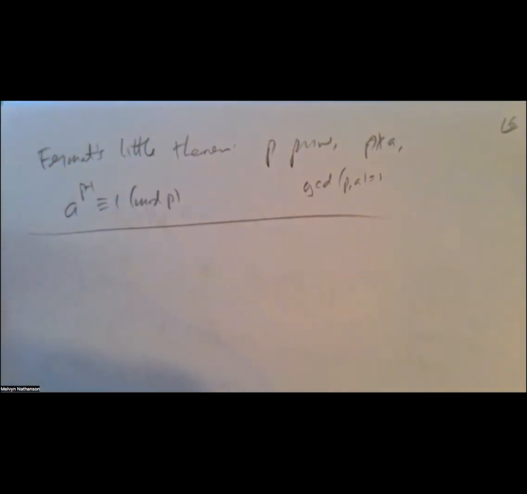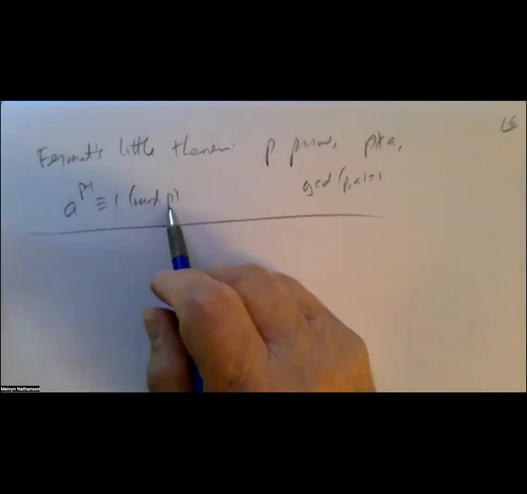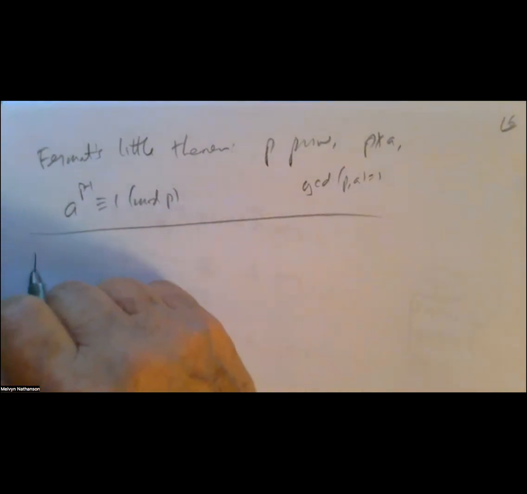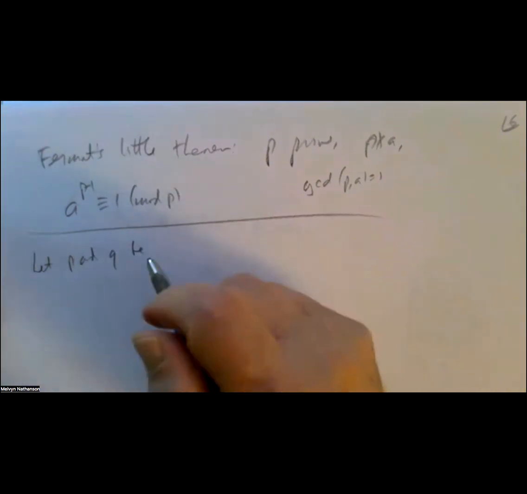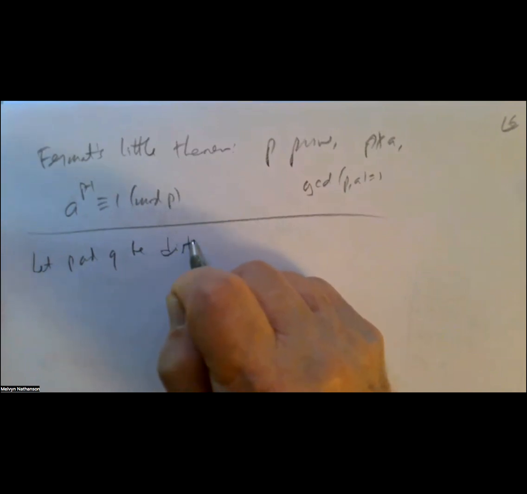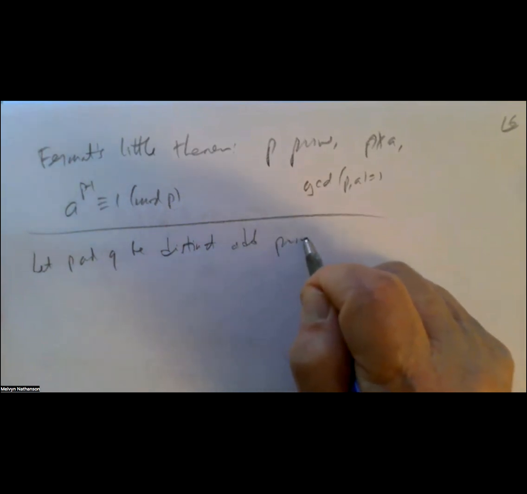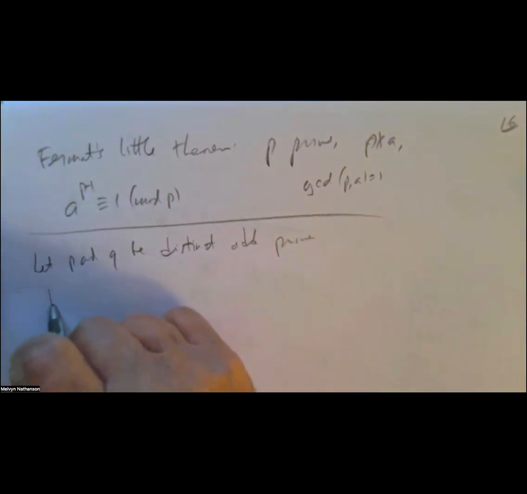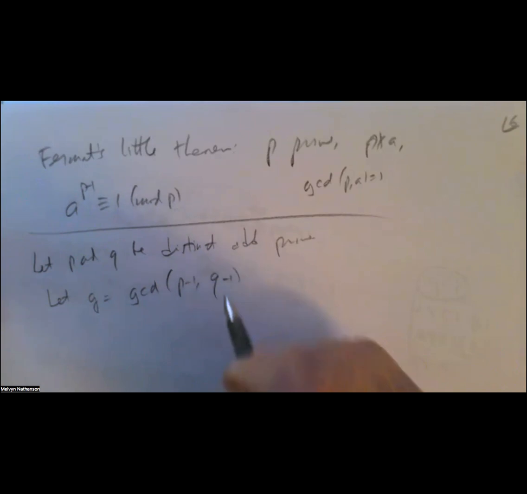Now, I want to extend this to congruences modulo a product of two primes. So let P and Q be distinct primes, odd primes. We don't need P equal 2. And let G be the greatest common divisor of P minus 1 and Q minus 1.